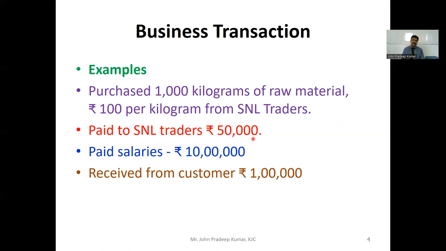The total salary the company has paid is 10,000 rupees. It's a business transaction. Similarly, the company is receiving 1,000 rupees from a customer. So these are the transactions which come across in a company in day-to-day operations.